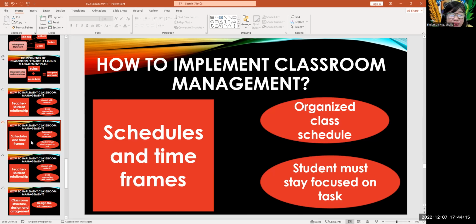You have to consider the time frame. Now, what is needed to be achieved? The strategies are maintaining an up-to-date calendar and avoiding distractions. So you have to organize the class schedule, and students must stay focused on the task.